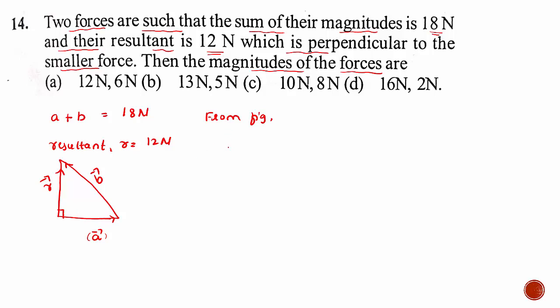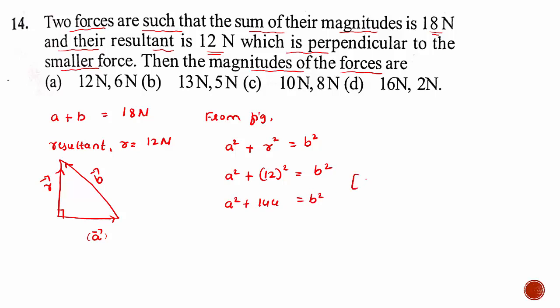Here you can observe A square plus R square is equal to B square. This is the perpendicular and base, and this is the hypotenuse. A square plus R square is equal to B square, and the value of R is given, that is 12 square, equal to B square. A square plus 144 equal to B square.